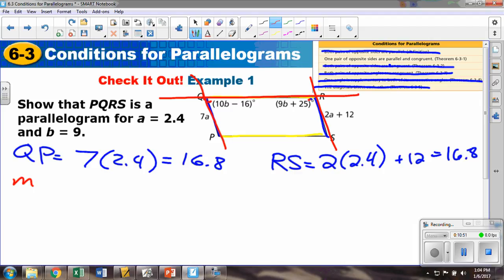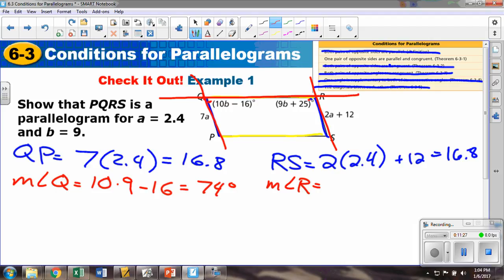So we'll say measure of angle Q, 10 times B minus 16. So 90 subtract 16 gives us 74 degrees. And of course we know the supplement to 74 would be 106. So as long as angle R comes up as 106 degrees, supplementary gives us parallel. Parallel combined with congruent gives us parallelogram.